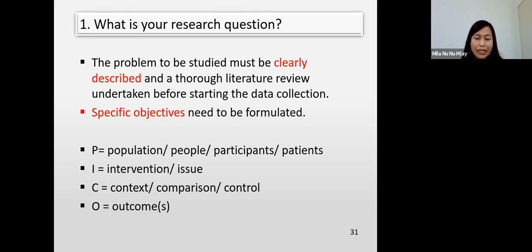Or otherwise, is there any health-related issue or any intervention? Of course, in an RCT, an experimental trial, we need to include what might be the intervention. And then C is there any comparison group, control group, or what is the context? And then O is the outcome. So we consider all these four and we formulate the research question.